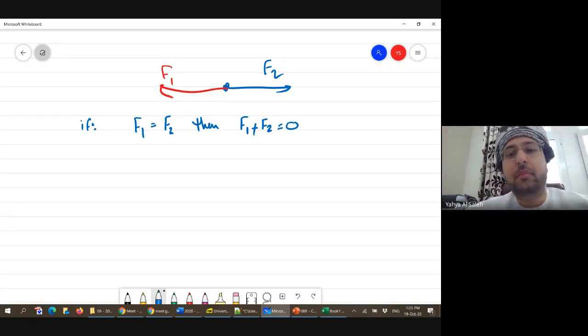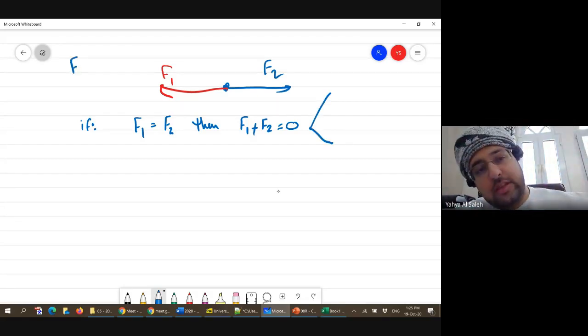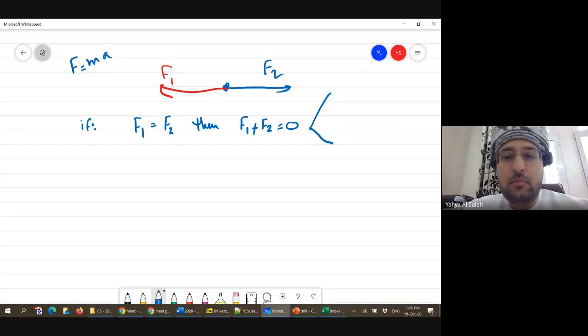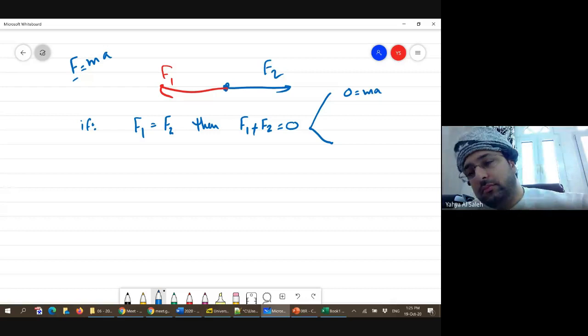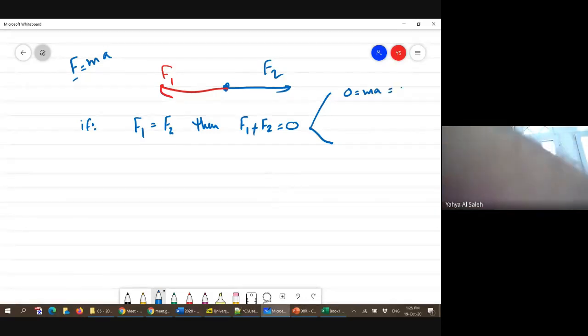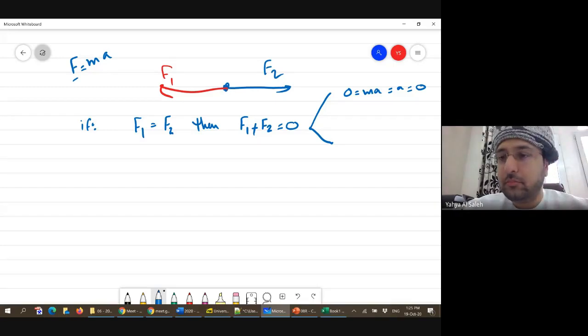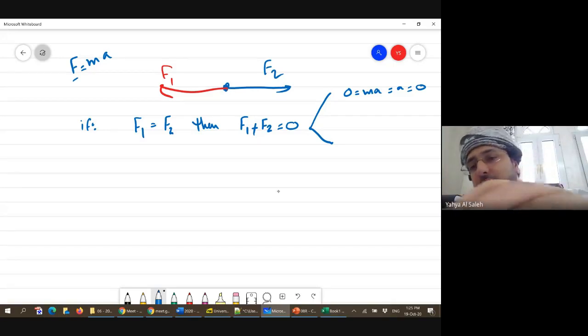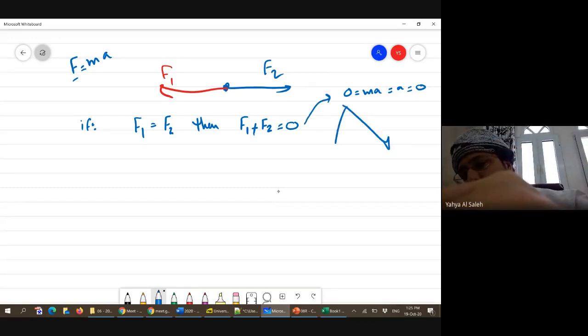This will give us two options. We know our main rule is F equals MA. So if our F is equal to 0, we have 0 equals MA, which means our acceleration is also 0 because we know there is a mass. If acceleration is equal to 0, we have two options.